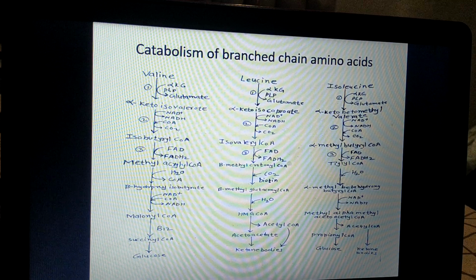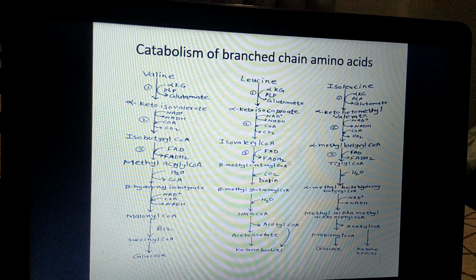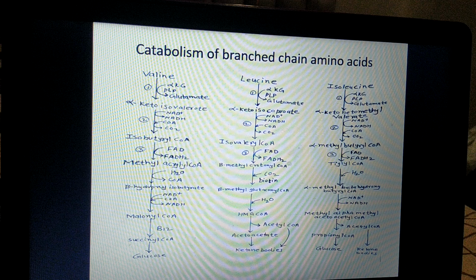In the first case, alpha keto isovalerate on oxidative decarboxylation forms isobutyryl CoA, coenzyme A is added. Similarly, alpha keto isocaproate is converted to isovaleryl CoA, and alpha keto beta methyl valerate is converted into alpha methyl butyryl CoA.